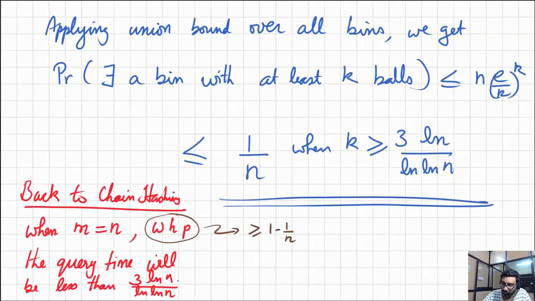So applying this result back to the chain hashing context, we can conclude the following. When m equals n, that is when the size of the hash table is designed to equal the size of the dictionary that we want to store, then with high probability, that is probability of the form 1 minus 1 over n, the query time will be less than 3 ln n over ln ln n.